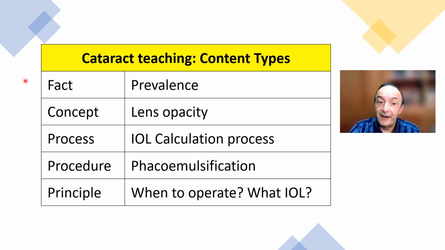So we have facts like cataract prevalence, or concepts like lens opacities, the process of IOL calculation, the procedure itself, the surgery, and there come the principles: when to operate, what kind of IOL are you going to use? So each different content should be taught in a different way.